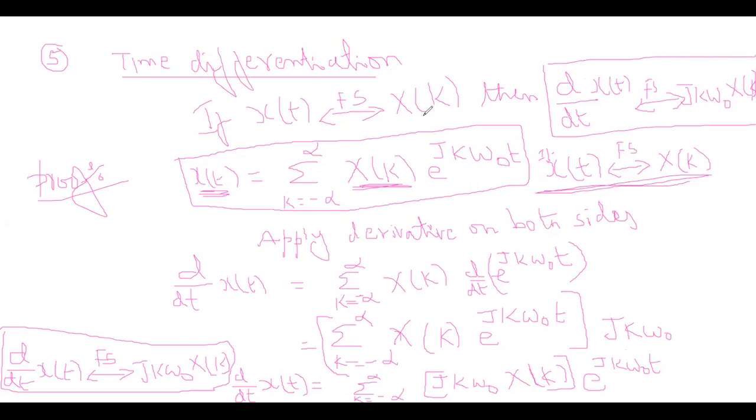So, linearity property, the second one is time shift property, third one is frequency shift property, and fourth one is scaling property. For all these four properties, we prove the statements using the analysis equation. But the time differentiation property is proved by using the synthesis equation.